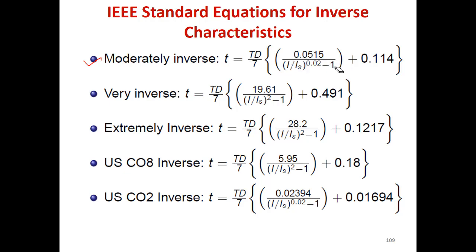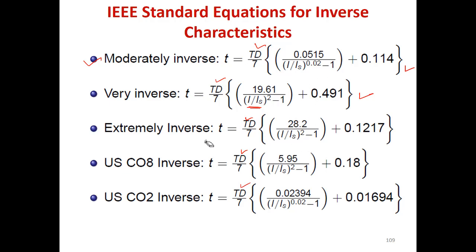All these equations are very useful. Similarly, for very inverse, it is the square of the PSM, I by IS, right? And TD by 7 is common for all, that is the time delay. For all it is the same, and only the power and the coefficients are changing.